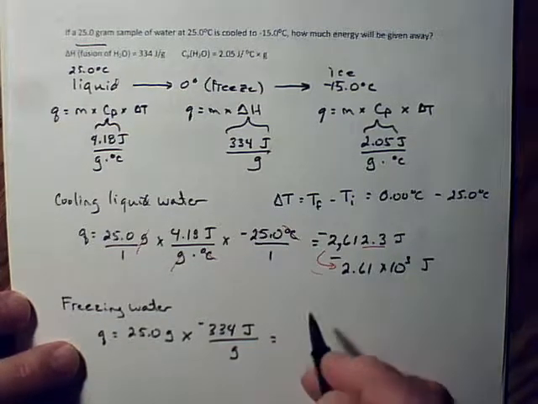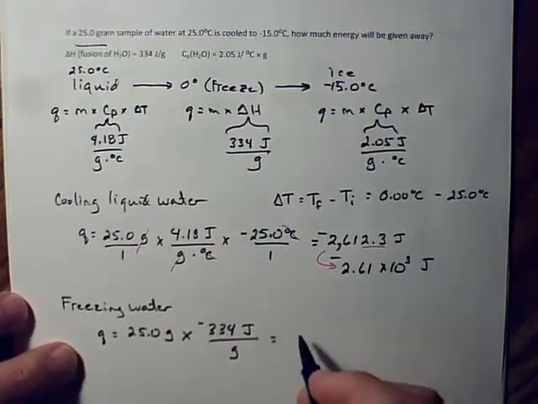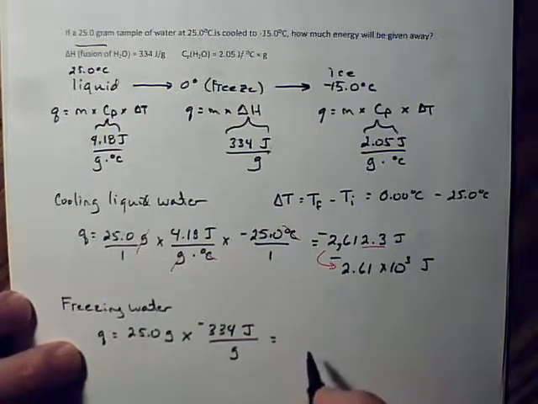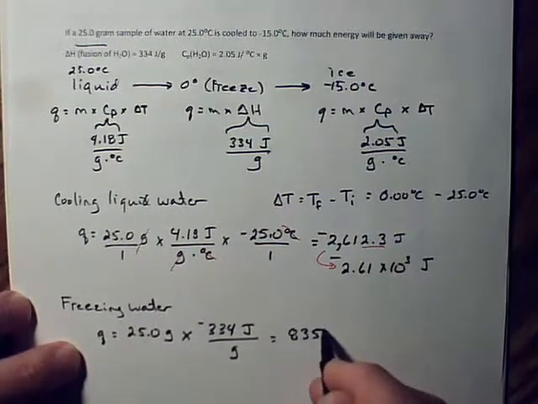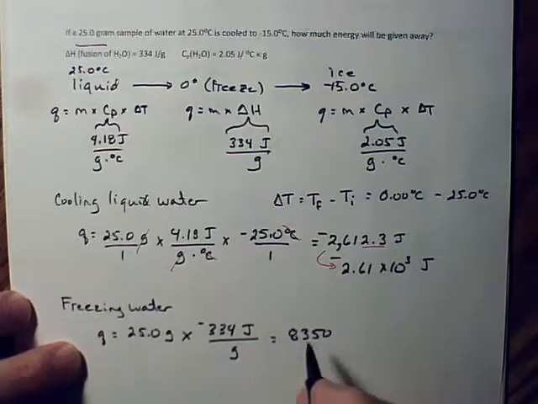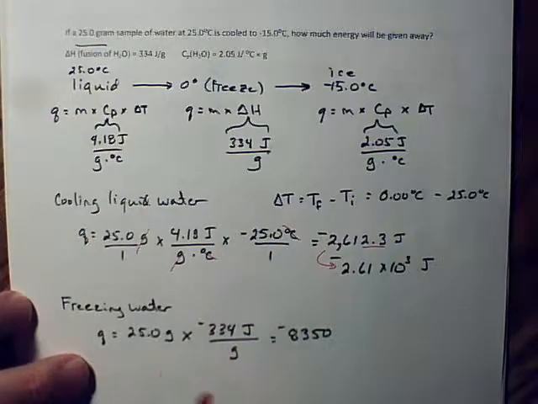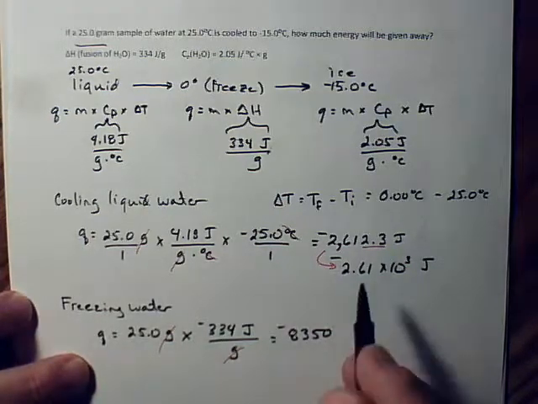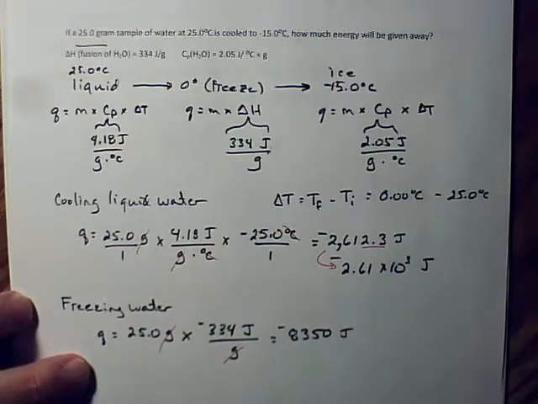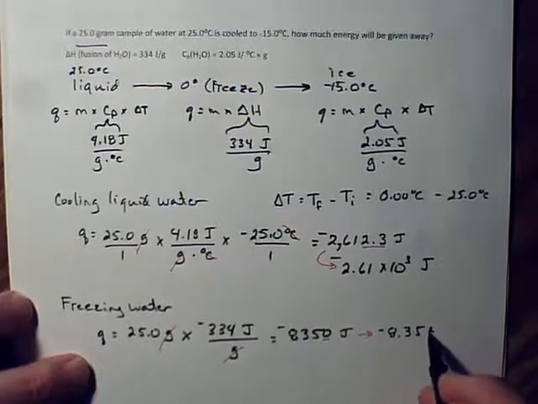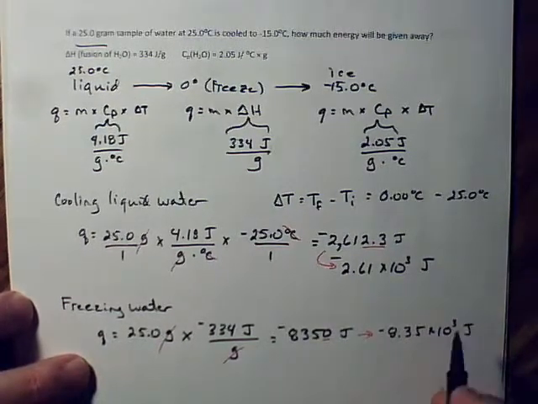So what do you get when you multiply those two together? Grams are going to cancel, so we're going to have joules. Going to round it off to 3 digits. So it's a negative 8.35 times 10 to the third joules.